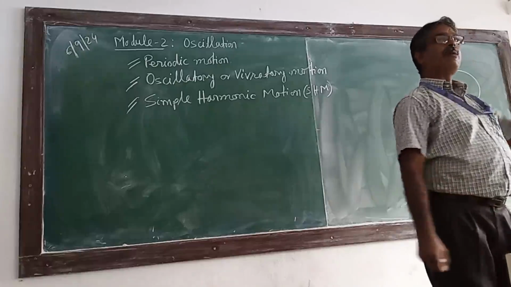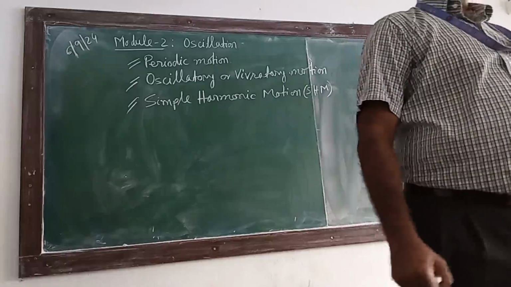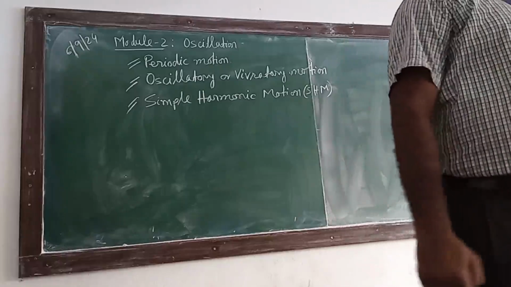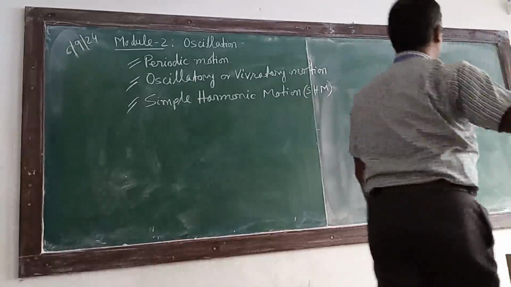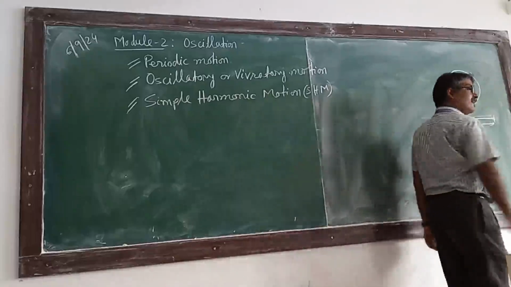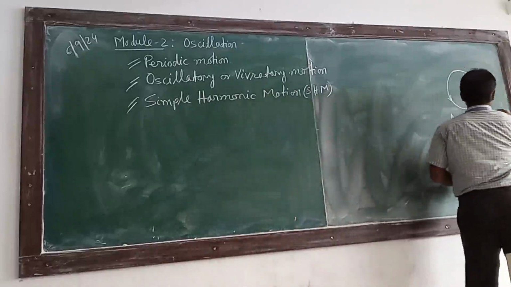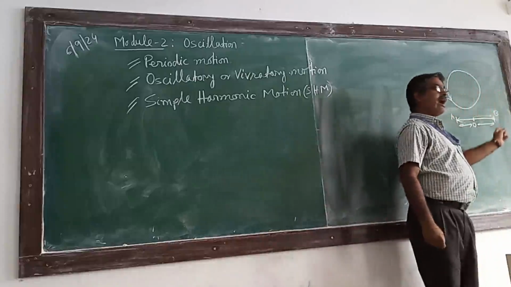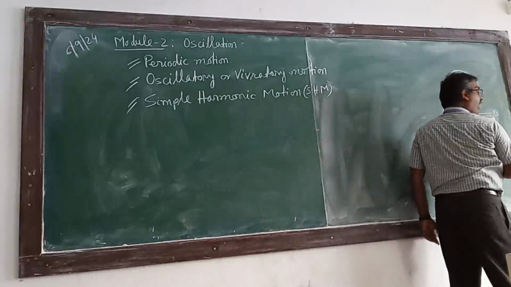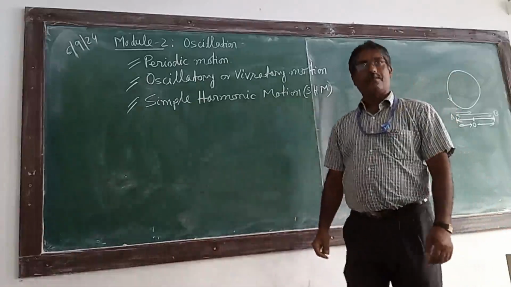What is the definition of simple harmonic motion? When a particle under oscillatory motion, that means the particle starts from O, goes to B. Okay. After then, from here it again comes here, and it goes up to this one. That is called the simple harmonic motion.